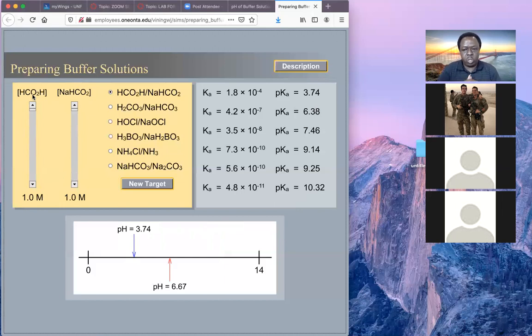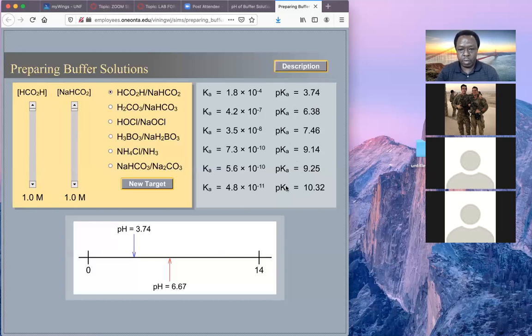So how will you choose that? To answer your question, you will come to this column right here. Look at this column, the pKa value. You will pick an acid base pair whose pKa is closer to the desired pH. All right? That is the criteria you're going to use.